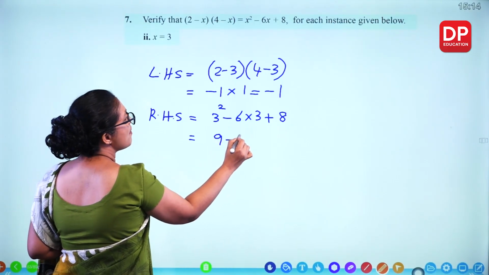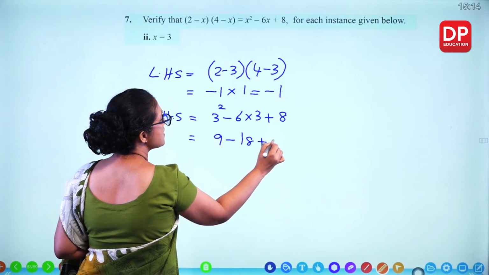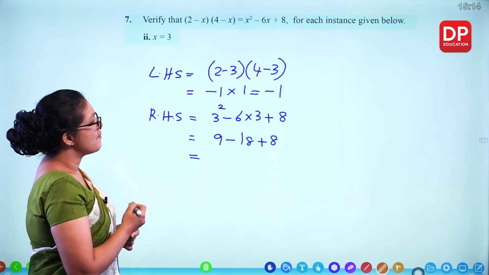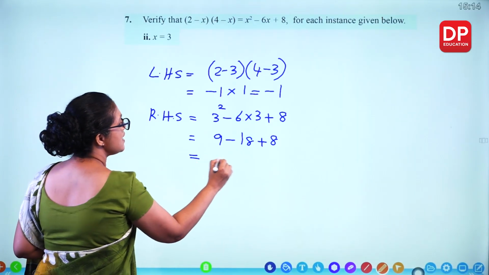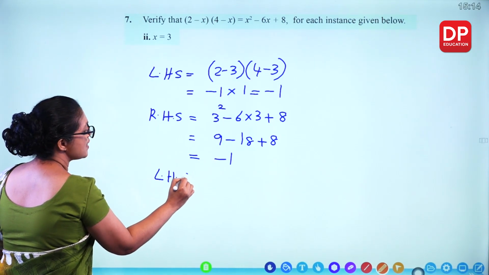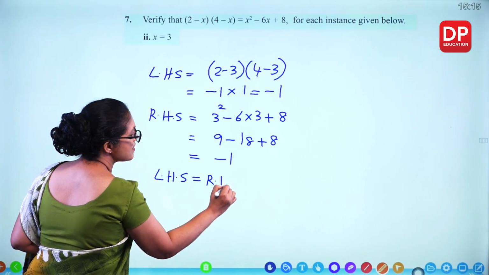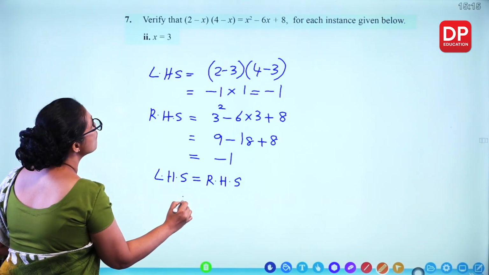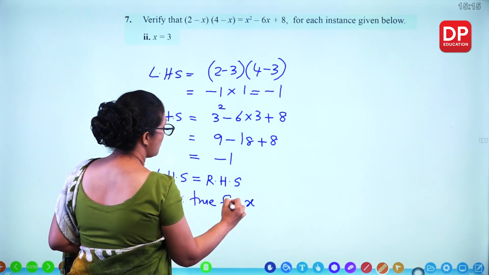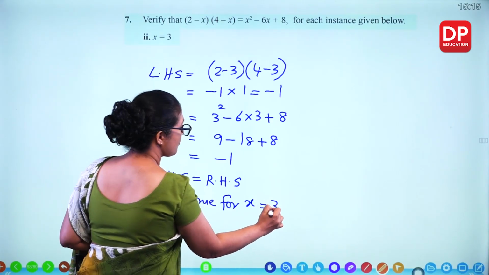You get 9 minus 18 plus 8. 8 plus 9, 17. 17 minus 18, minus 1. So you get the same answer. So left hand side is equal to right hand side. Therefore, true for x equals 3.